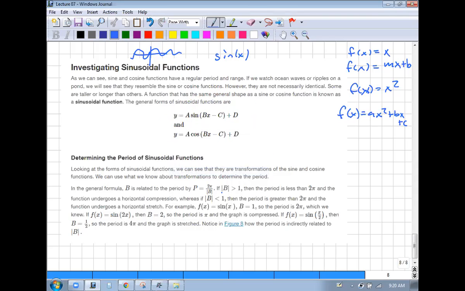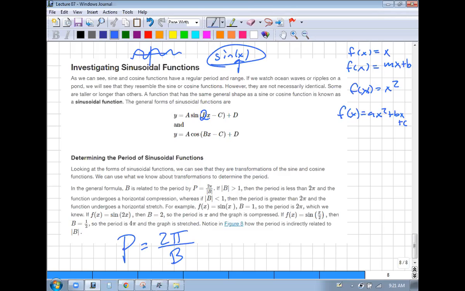Okay. So think about the period. Here's this B value. The period is going to be whatever the period is of your basic function, and then you have to divide it by B. So if you think about sine, if you give it values from 0 to 2 pi, it produces a whole wave, right? Let's say I put a 2 here, though.